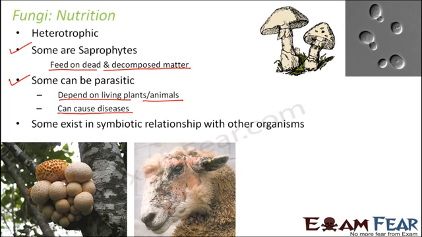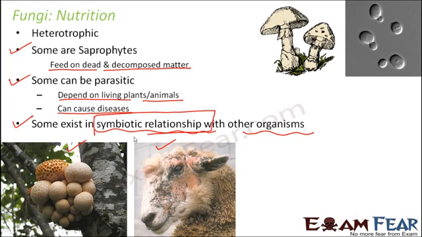Some examples are given in this picture. Here this animal is suffering from a fungal disease. Similarly, in this case, the plant has developed a fungal disease. So it is capable of causing diseases in plants and animals, by living inside the body of that plant or animal. Some fungi also exist in symbiotic relationship with other organisms. This is a new term for you.